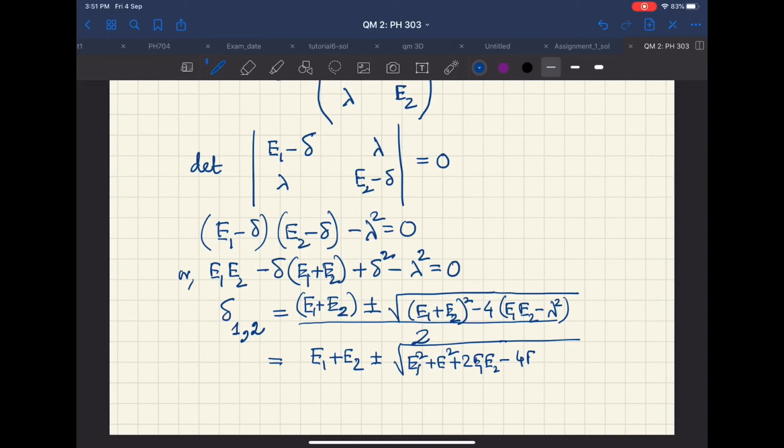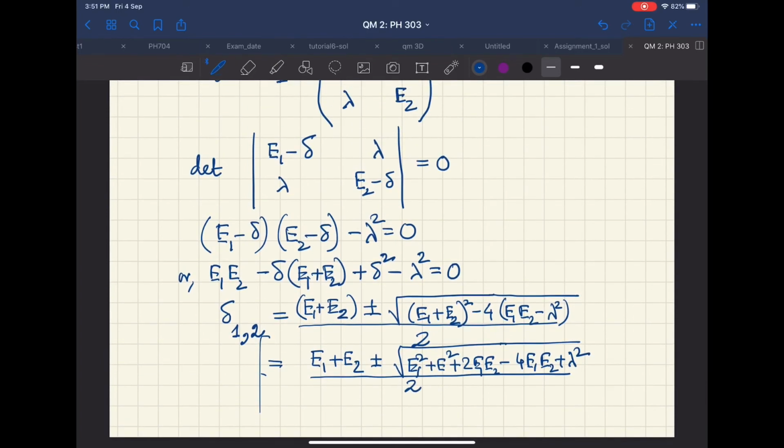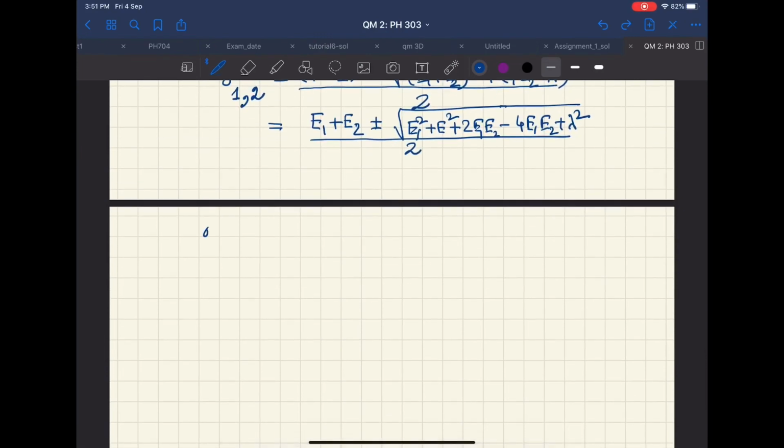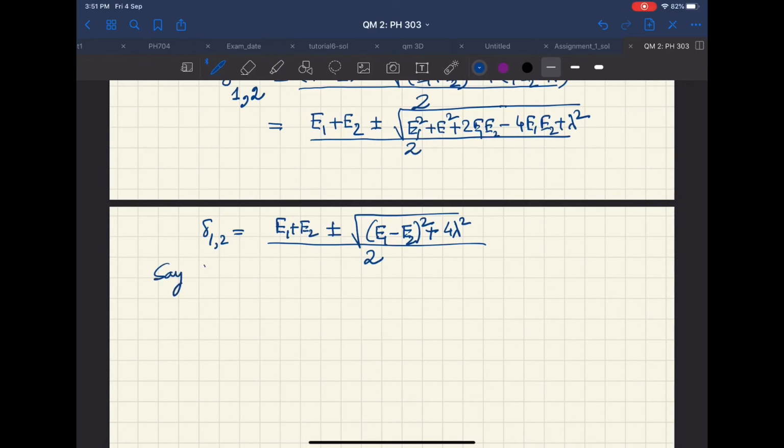I should not have written all these steps. This is nothing but (E1 minus E2) whole squared. So, sorry, let me go to a new page. So delta 1,2 is E1 plus E2 plus minus square root of (E1 minus E2) whole squared plus 4 lambda squared, divided by 2. Now suppose your E1 is greater than E2.